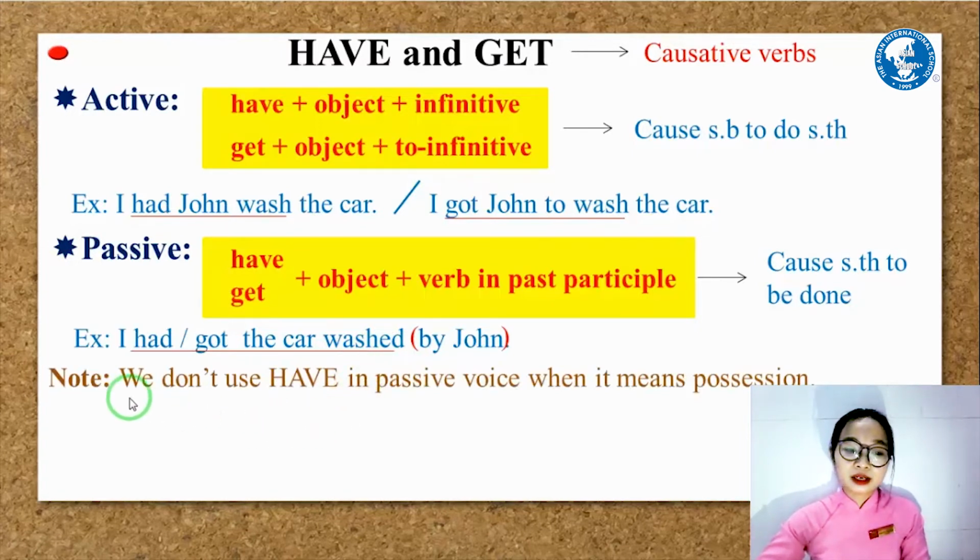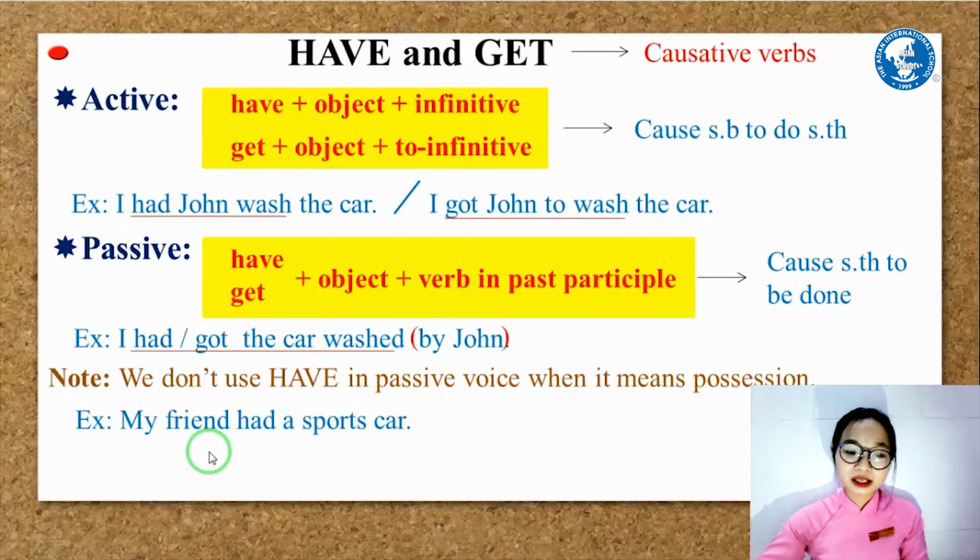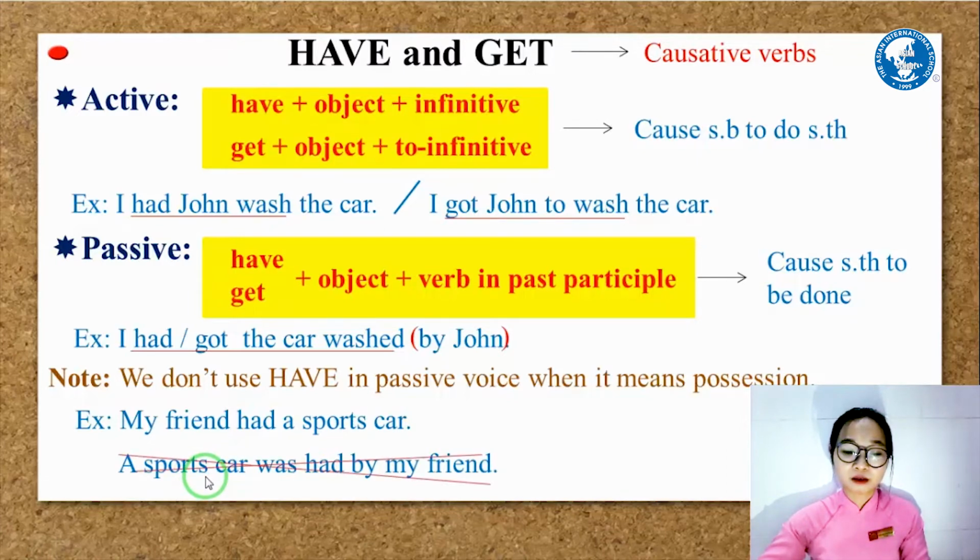And note that we don't use have in passive voice when it means possession. For example, my friend had a sports car. It means my friend possessed a sports car. So we don't use it in passive voice like "a sports car was had by my friend." So it's totally wrong.